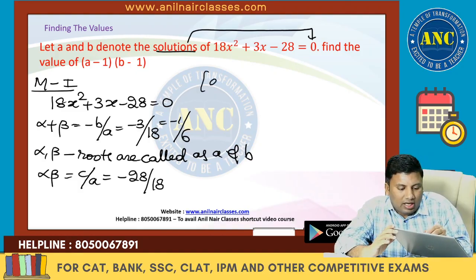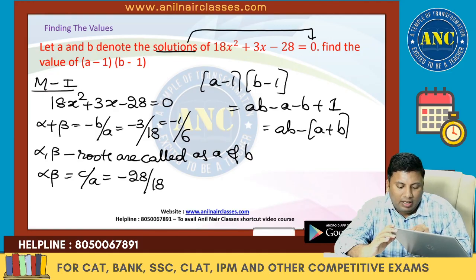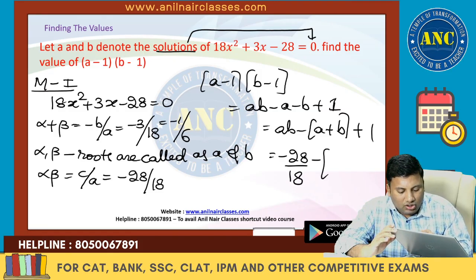Now (a − 1)(b − 1) is nothing but ab − a − b + 1, which is ab − (a + b) + 1. ab is the product of the roots, which is −28/18, minus (−3/18), plus 1.